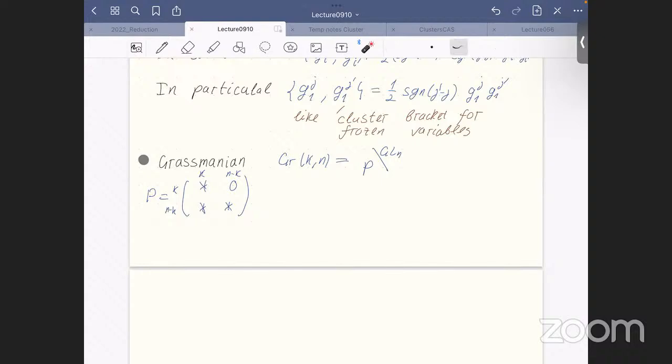So the Grassmannian is a set of k-dimensional subspaces in n-dimensional space, and this group preserves the n minus k dimensional space of last coordinates, but this is some sort of duality. Let me think for 1 minute. Okay, I prefer to stay with this convention.